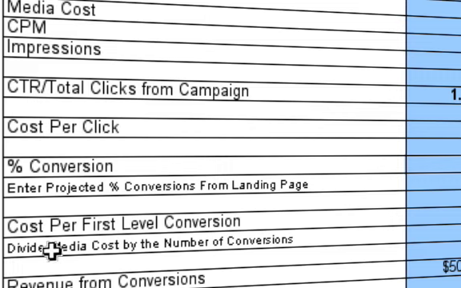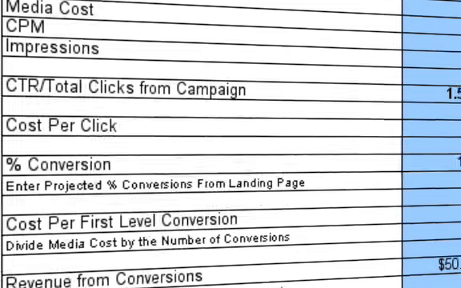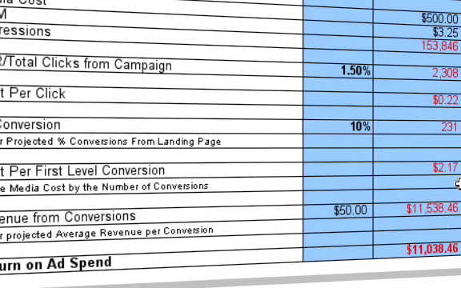So it'll prompt you here to divide your media costs, which is up here $500, by the number of conversions, and the number of conversions are right there. So it tells you what that number is here, and it's $2.17. That's what each one of these leads costs you.